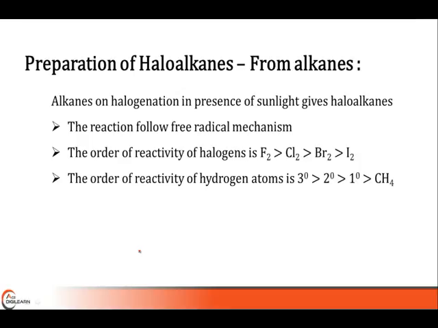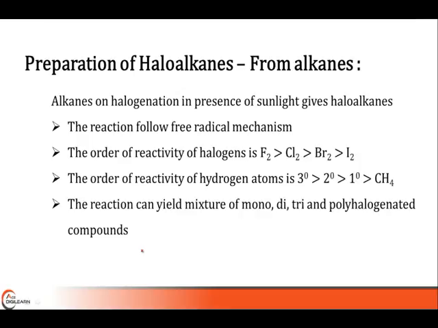The order of reactivity of hydrogen atoms of an alkane is: 3 degree hydrogen is more reactive than 2 degree hydrogen, which is more reactive than 1 degree hydrogen, which is more reactive than methane. This depends on the stability of the free radical. The order of stability of free radicals is also 3 degree greater than 2 degree greater than 1 degree.